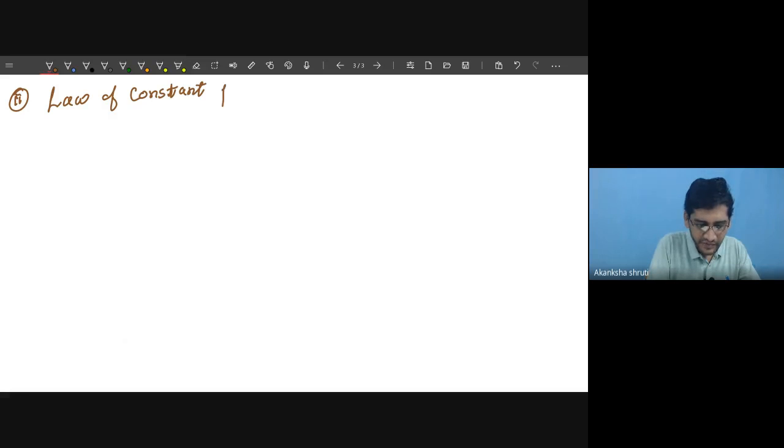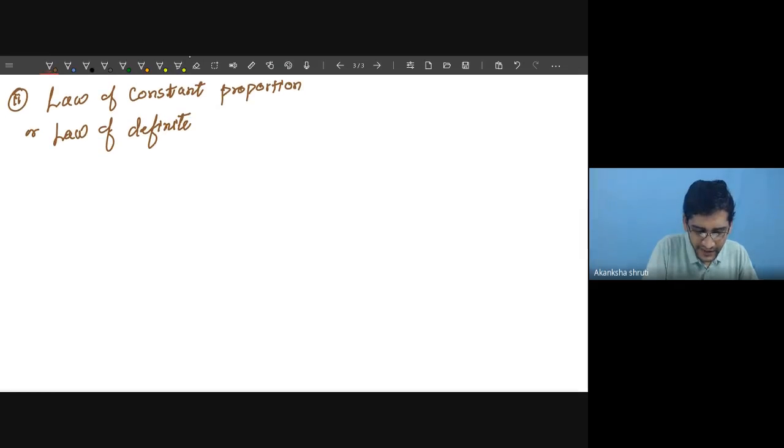Now let us go for the second one. The second one is our law of constant proportion. So this we will learn. The second one is our law of constant proportion, or this is also called the law of definite proportion.